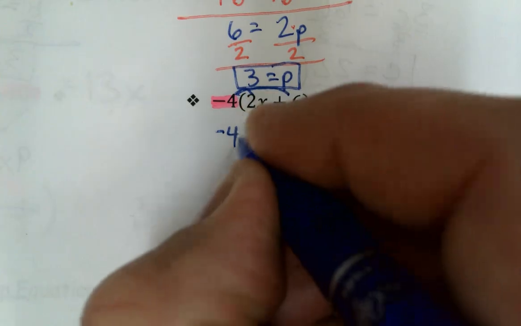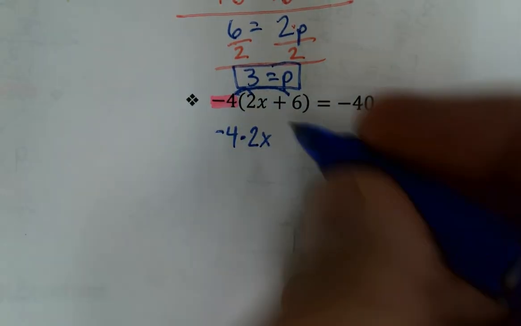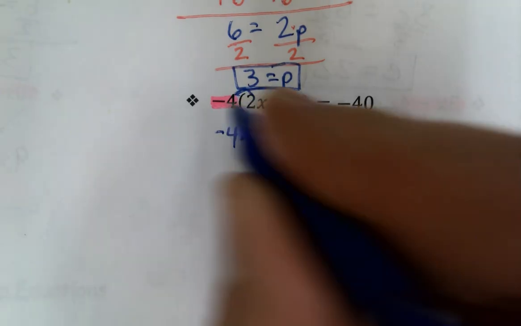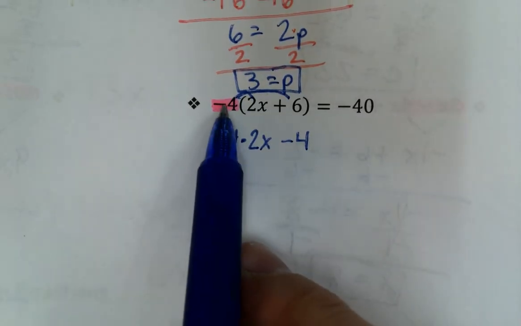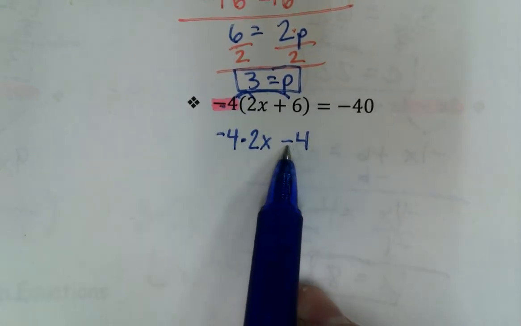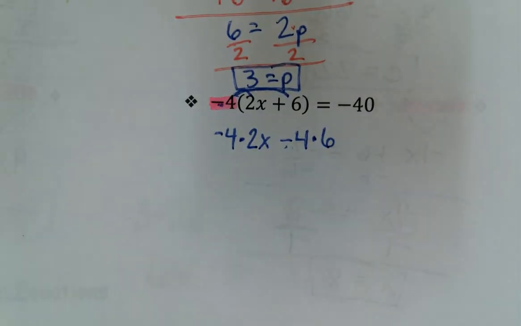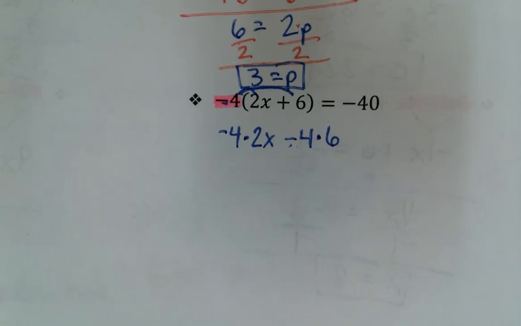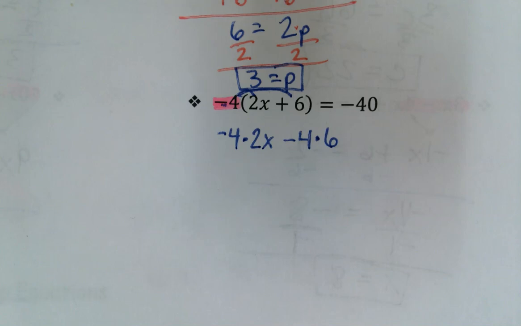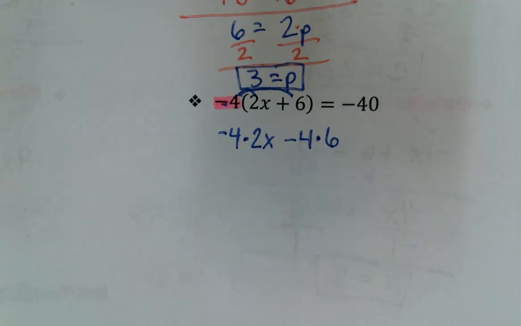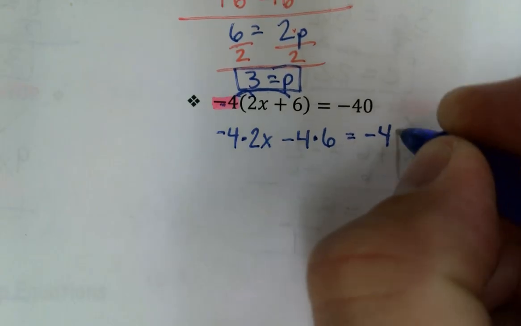So I'm going to have a -4 times a 2x. I'm also going to have a -4. So it is a -4 that we put here because we're taking a -4 and multiplying it. So it's a -4 times a 6. And then on the other side, we still have that equals -40.